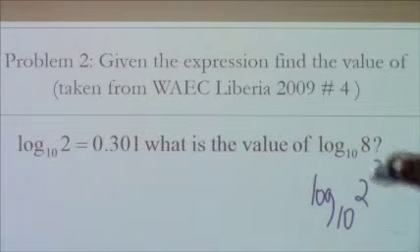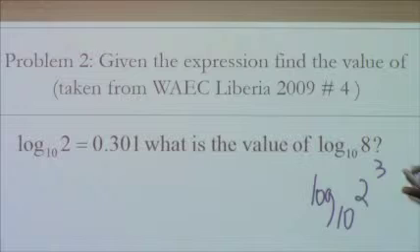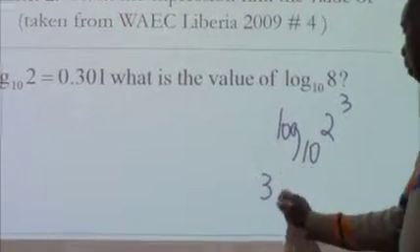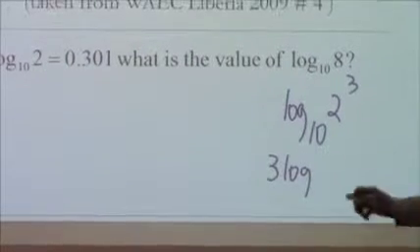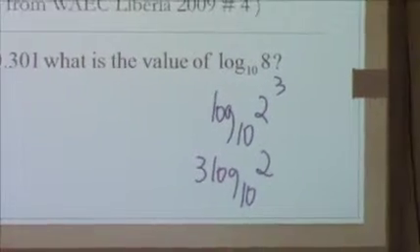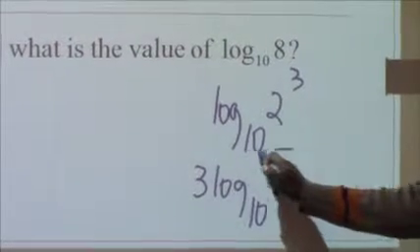What is 2 cubed? 2 cubed is 8. Now, I can also use the power property of log to rewrite this as 3 log base 10 of 2. Now, I know what this is.